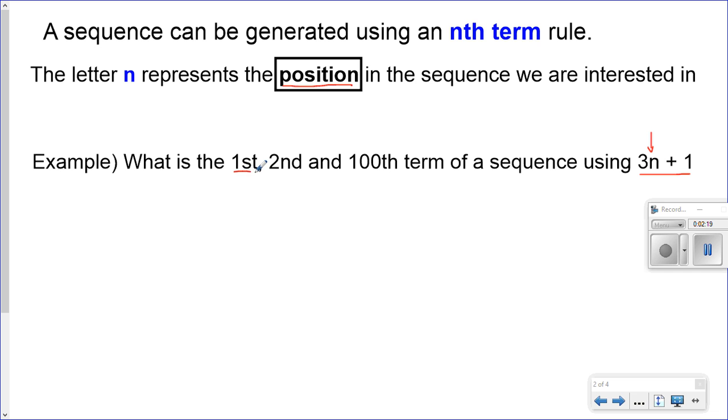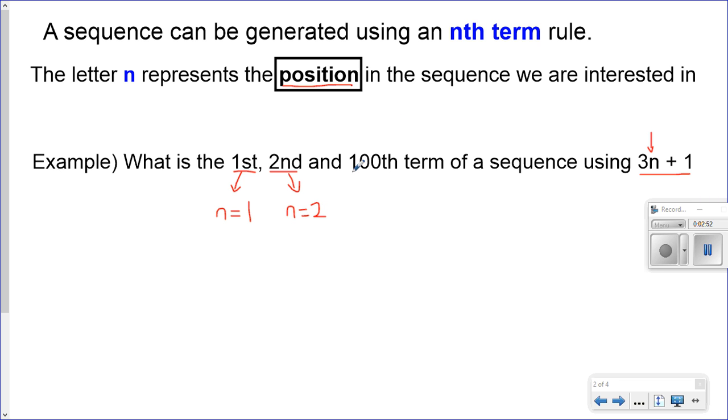If we start with the first term, what this means is, if I'm interested in the first term, then that is position number 1, which means that I need n to equal 1. If I was interested in the second term, which we will get to momentarily, we would be interested in what happens when n is equal to 2.